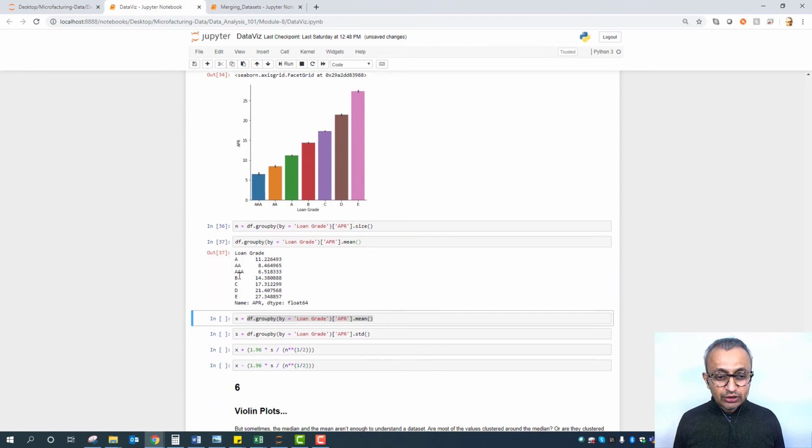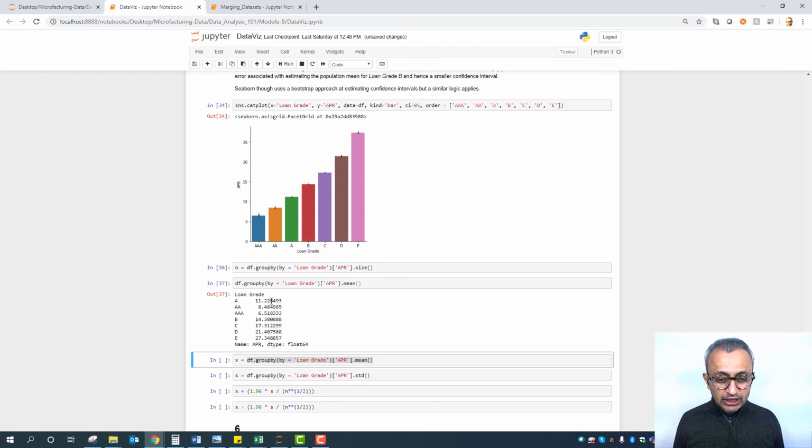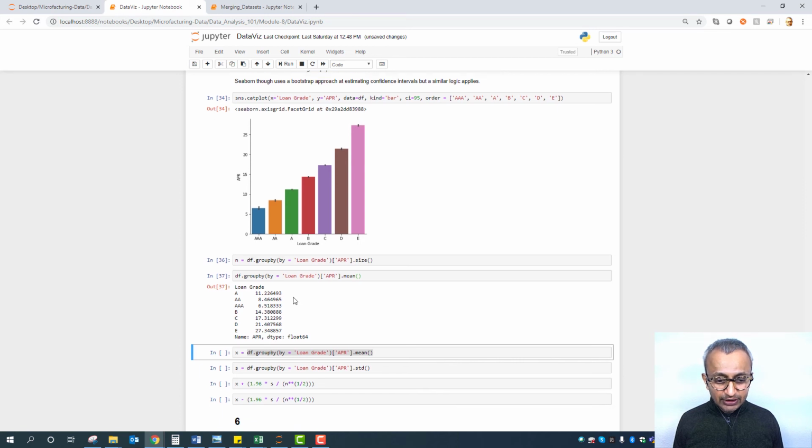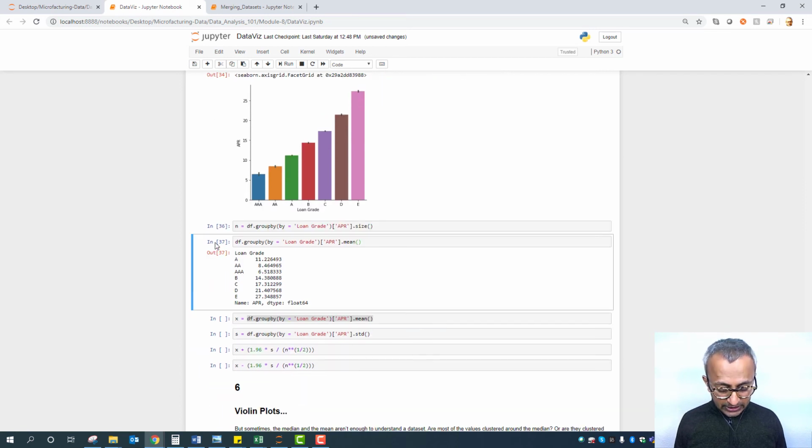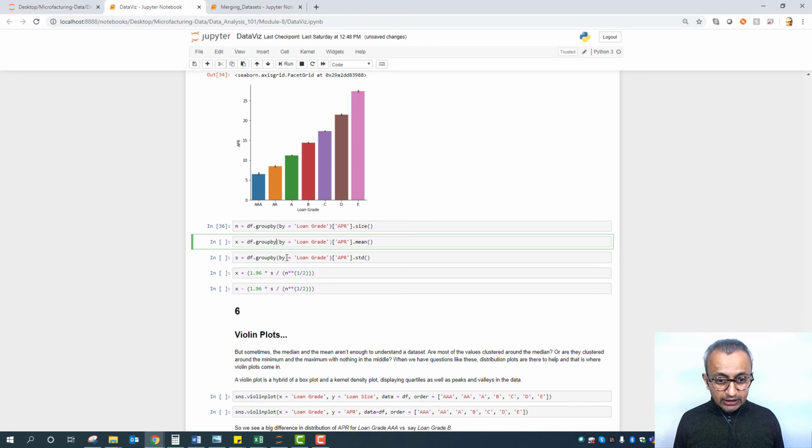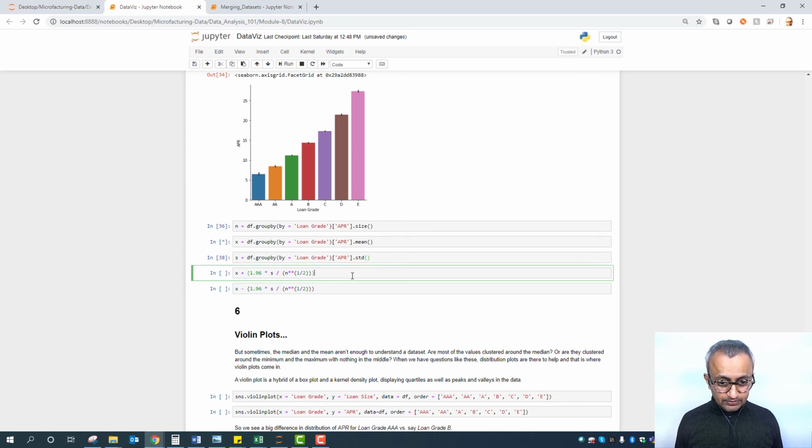Okay, so we did calculate all these sample means. If you look at it, APR for AAA is around 6.5, that's the top of that bar. E is 27.34, which is around here, which sort of makes sense. So we do calculate the x, and then we calculate the standard deviation using this by each grade.